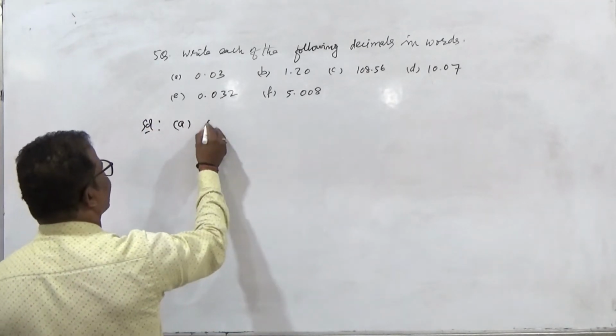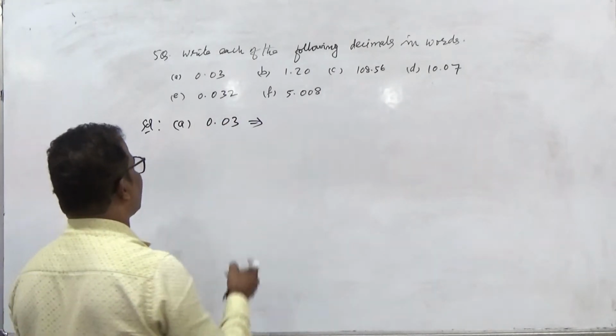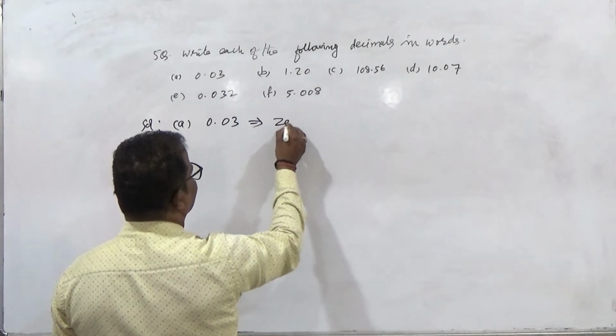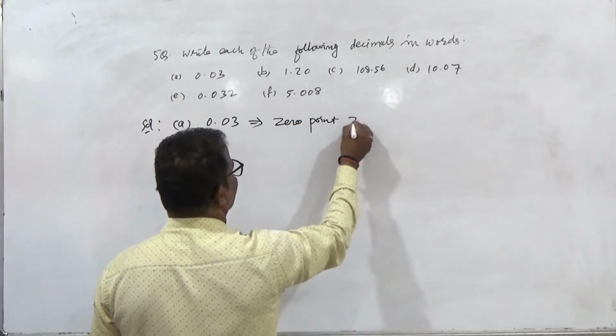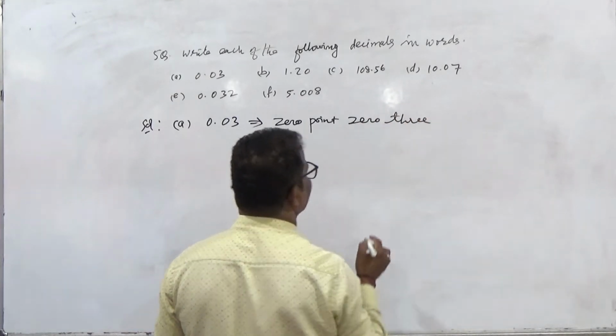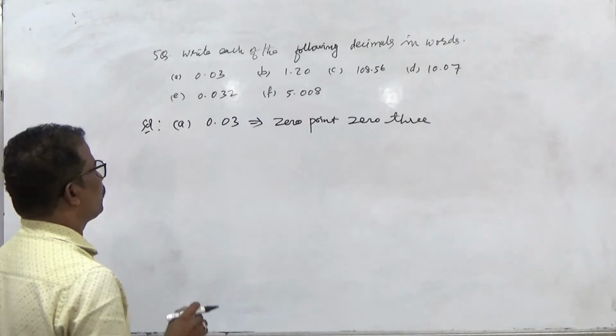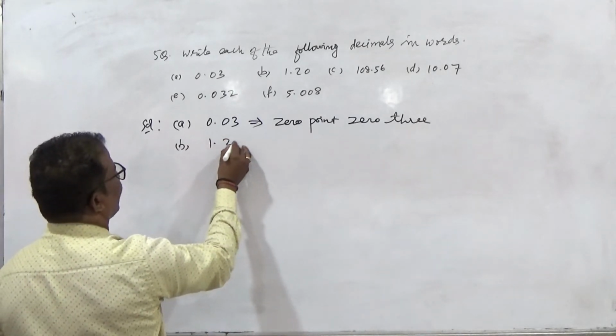So in A, that is 0.03. For this we write in words: 0, then point, 0, 3. So in this way we can write in word form. Then for question B, what is 1.20?